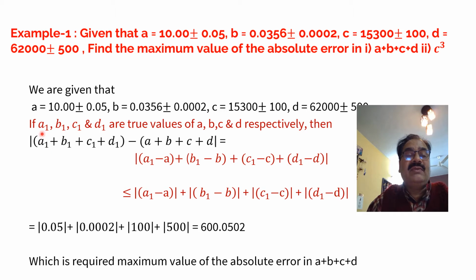So if a1, b1, c1 and d1 are the true values of a, b, c and d respectively, then we may write (a1 plus b1 plus c1 plus d1) minus (a plus b plus c plus d), which may be rewritten as (a1 minus a) plus (b1 minus b) plus (c1 minus c) plus (d1 minus d). By the algebraic identity, this is less than or equal to |a1 minus a| plus |b1 minus b| plus |c1 minus c| plus |d1 minus d|.